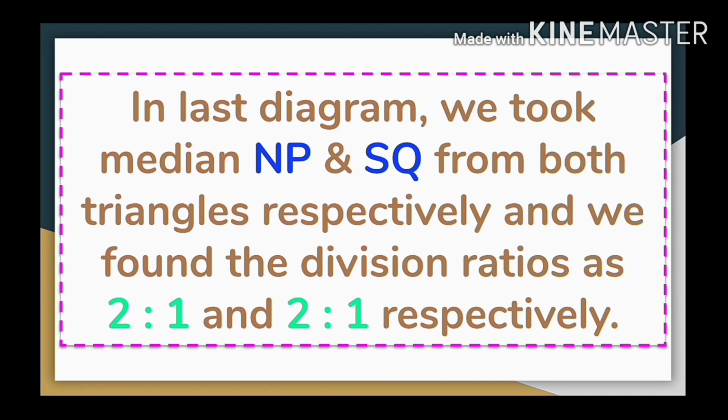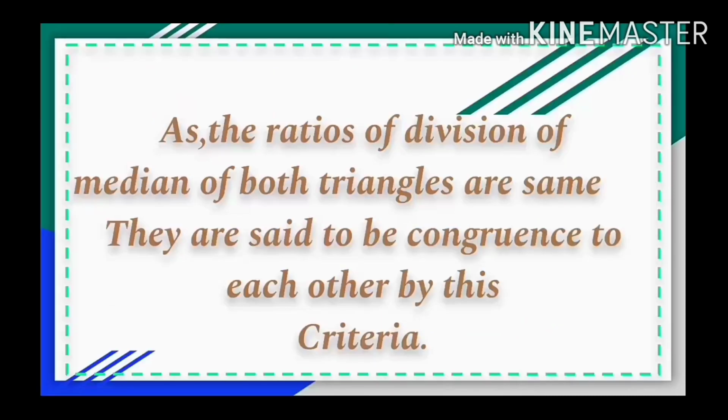And this is the description for the last figure. You can go through it clearly. As the ratios of division of median of both triangles are the same, they are said to be congruent to each other by this criteria.